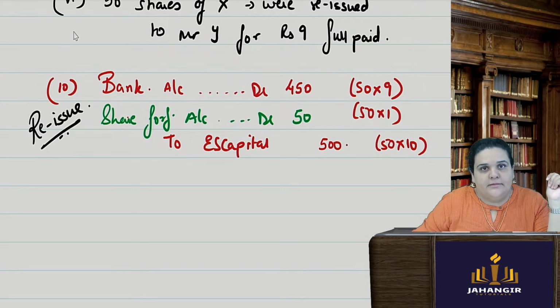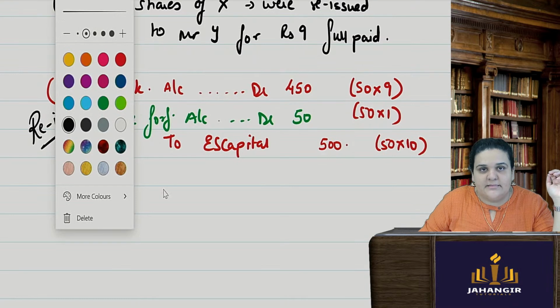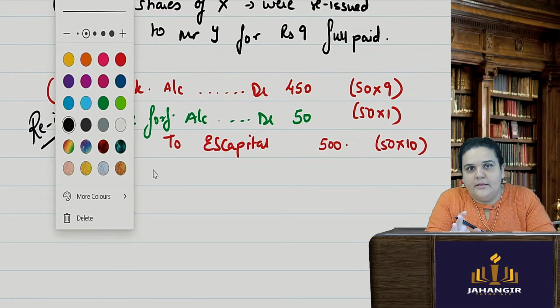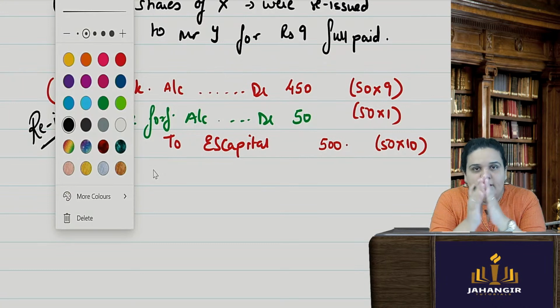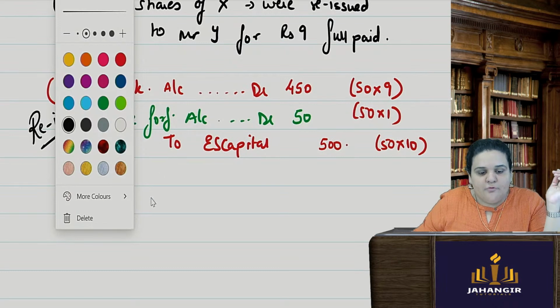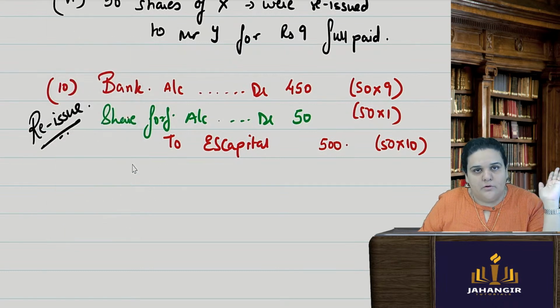Whatever shares were there of Mr. X are now given to Mr. Y. The entire story of these 50 shares is now over. I have to close my books for these 50 shares, so I have to close my share forfeiture account also.